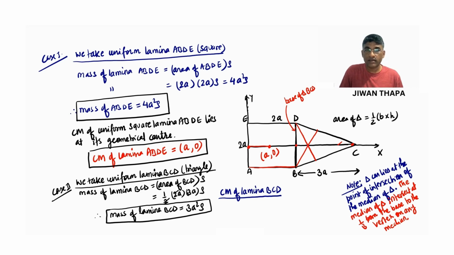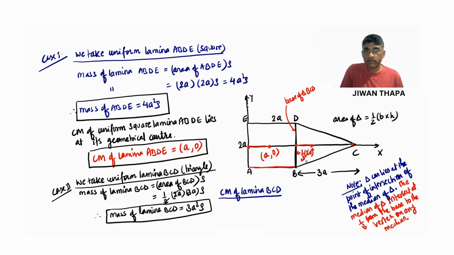So we have this, okay. So this distance is 1/3 the height of the triangle. So we have this, okay, this distance.